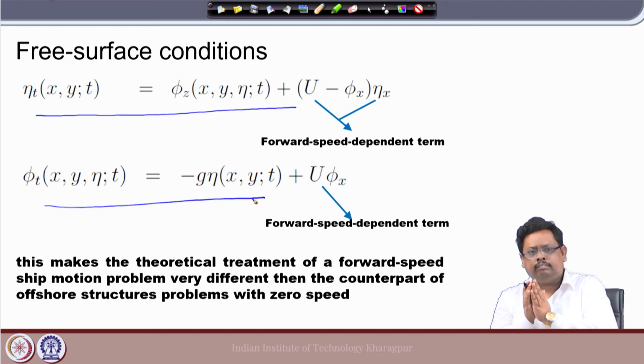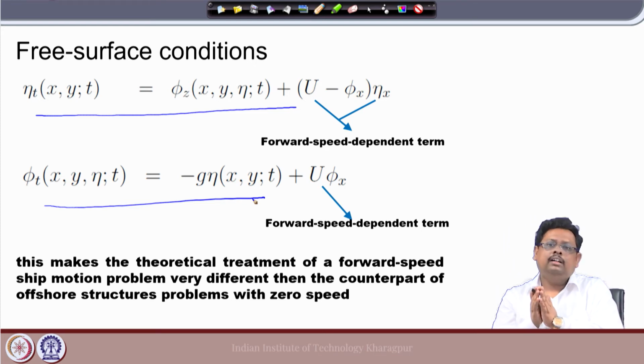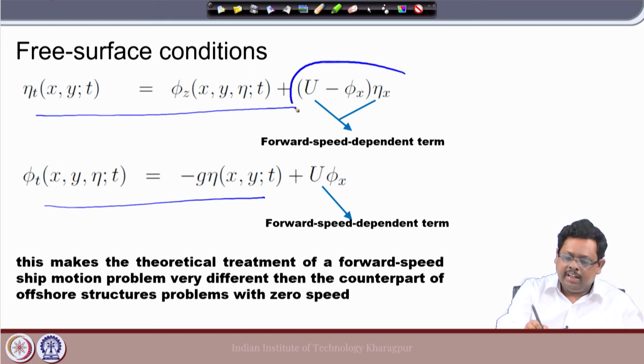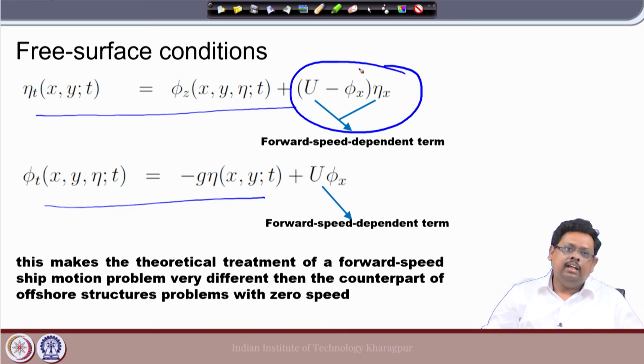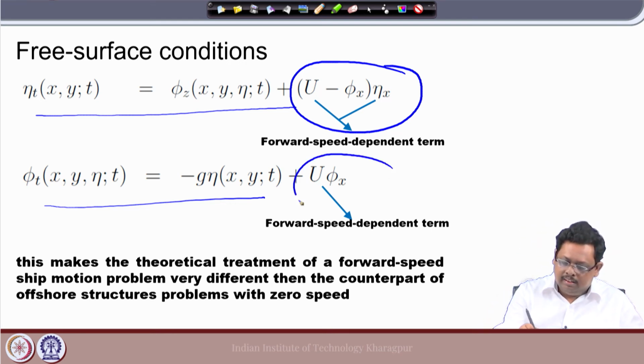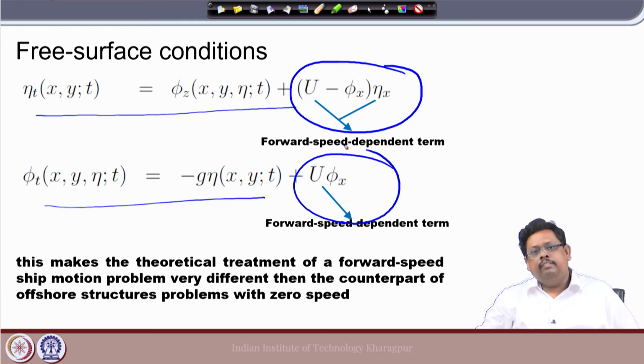Now here also it is a little bit different from the zero speed case, right? Because of the forward speed, we have this extra term in the kinematic free surface boundary condition, right? Similarly, for the forward speed, you have one extra term in the dynamic free surface boundary condition, right?